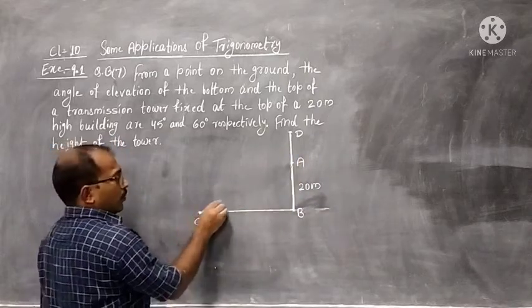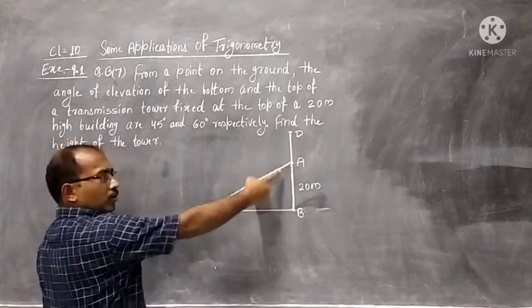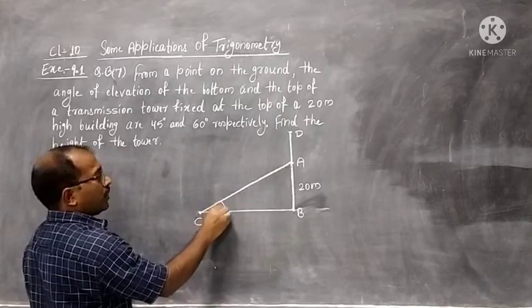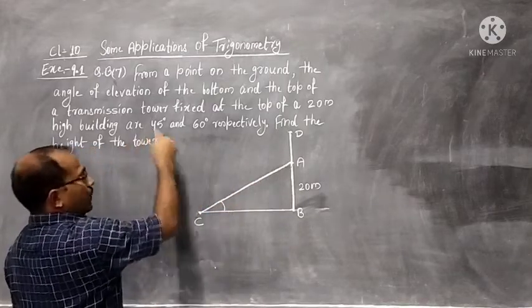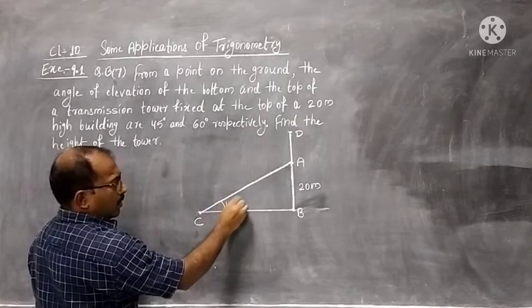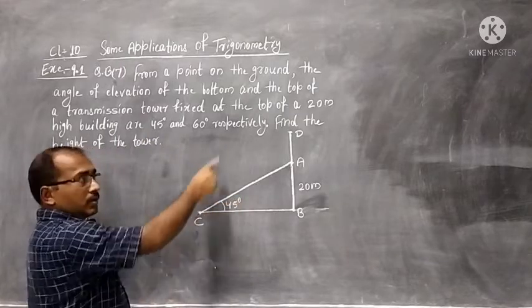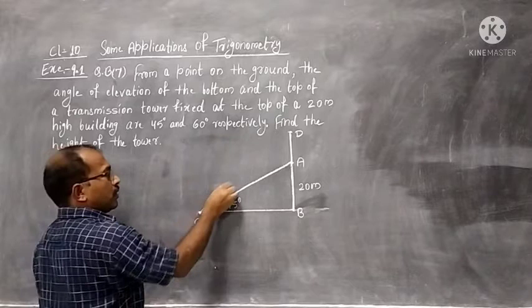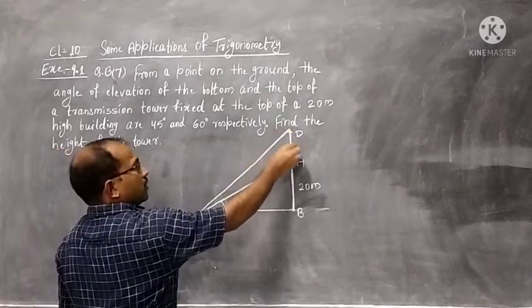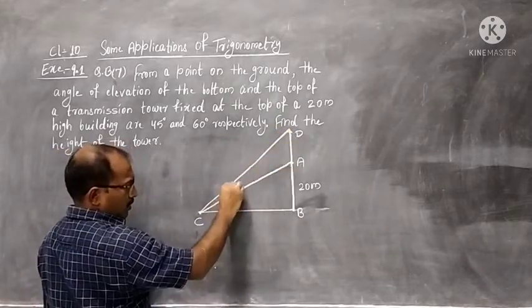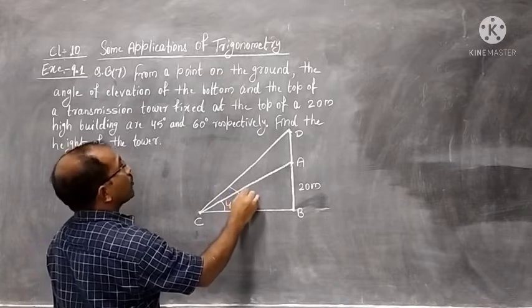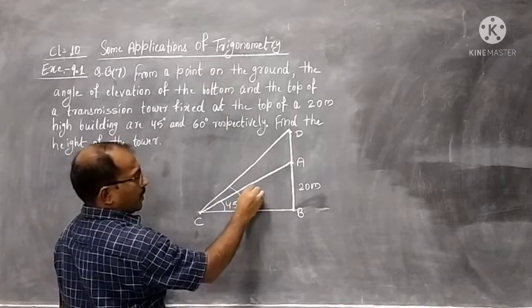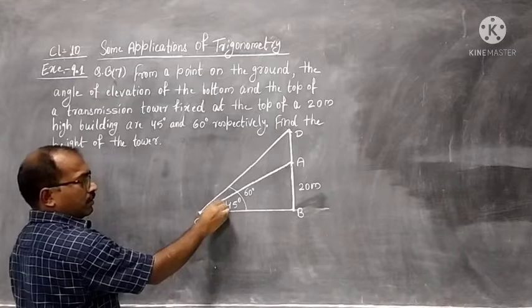From here when we look at the bottom, the angle of elevation is 45 degree, and from the same observing point looking at the top of the transmission tower, this angle is 60 degree. See how we are showing the angle.